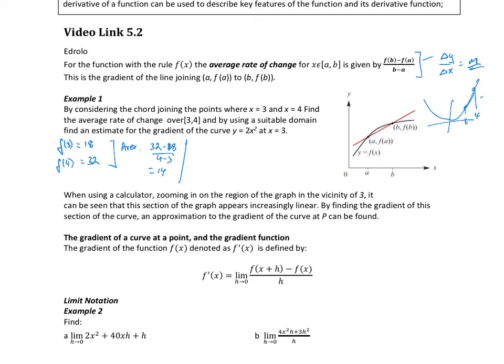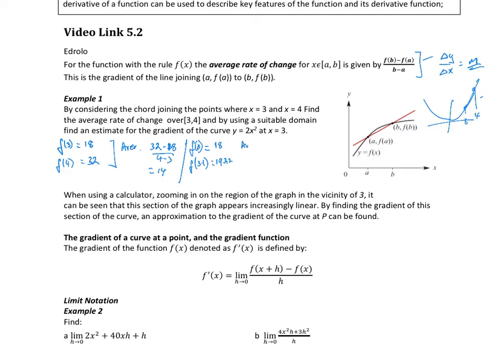So if we instead work out f of 3, well, we know what f of 3 is. We worked that out to be 18. And if I work out f of 3.1, well, on my calculator, 3.1 squared is 9.61. If I multiply that by 2, I get 19.22.